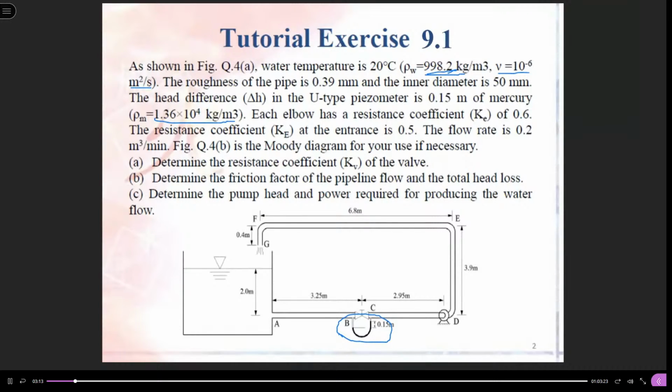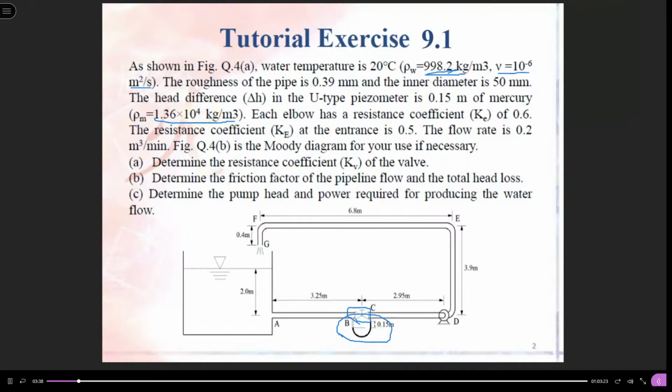First, determine the resistance coefficient of the valve. Here is the valve. And secondly, determine the friction factor of the pipeline flow and the total head loss. And lastly, determine the pump head and power required for producing the water flow.